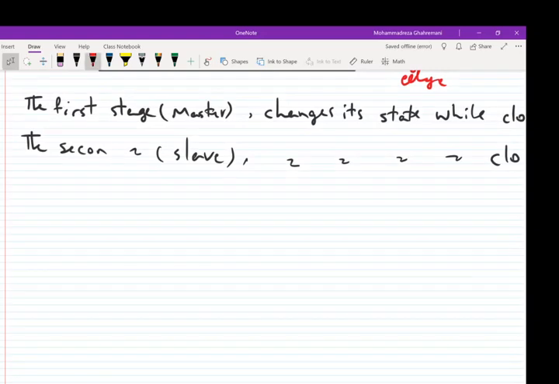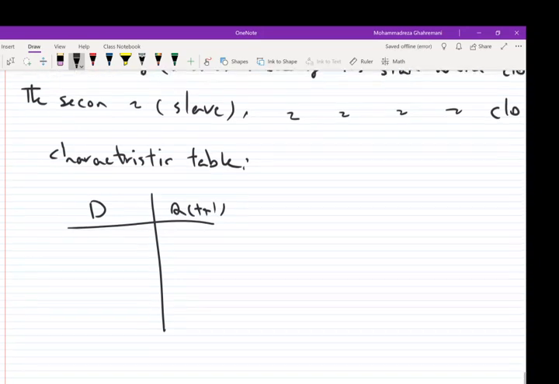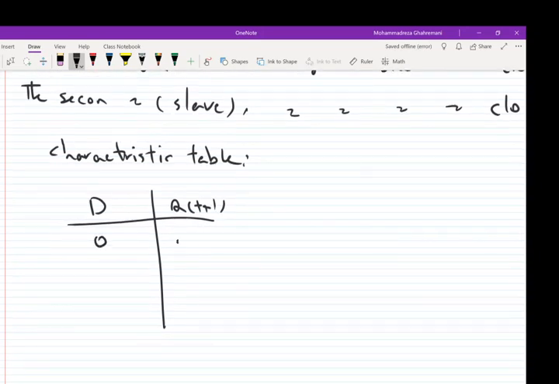Characteristic table of D flip-flop. We have D and we have Q of T plus 1. If D is 0, Q of T plus 1 is 0, which is a reset.